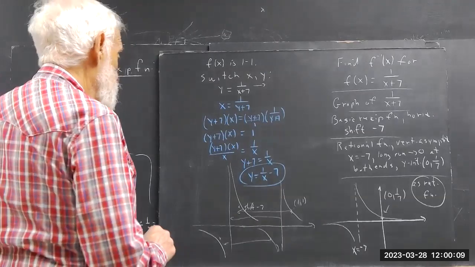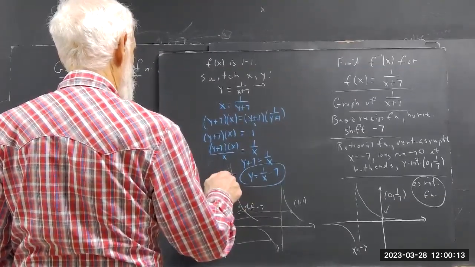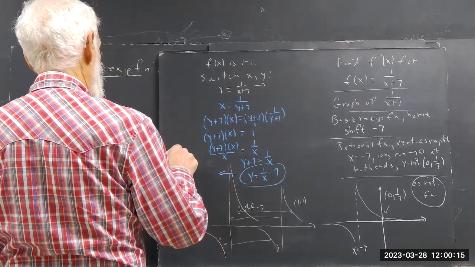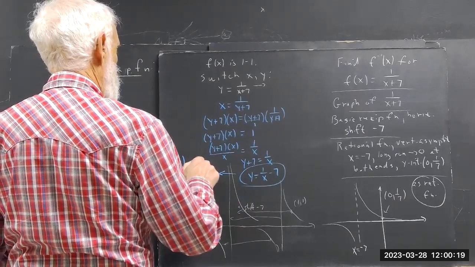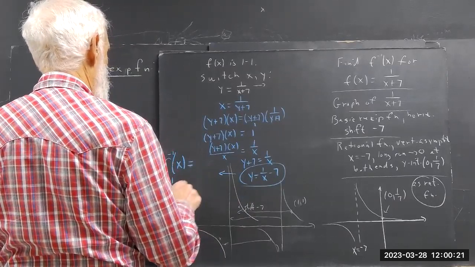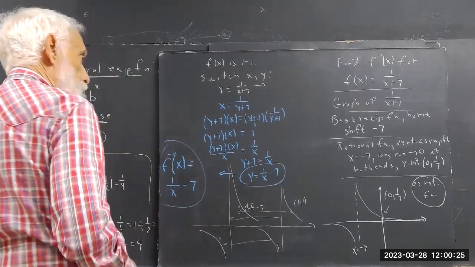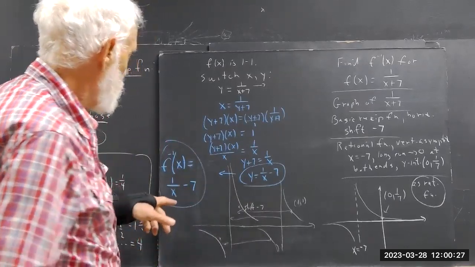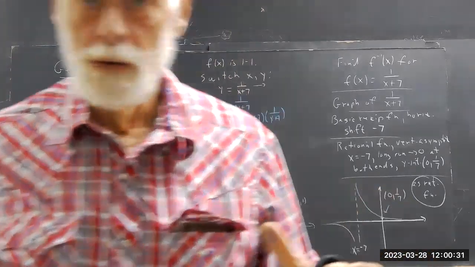Our inverse function is 1/x minus 7. Now don't forget the step of checking this.